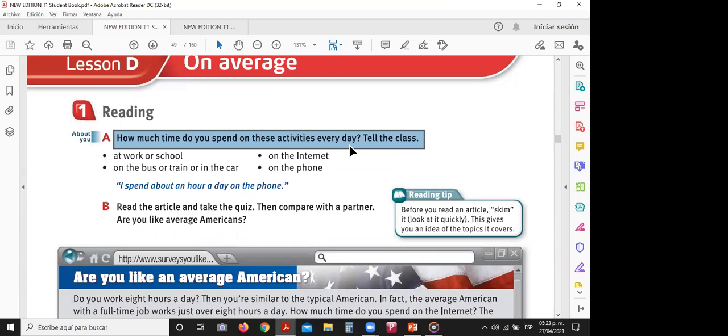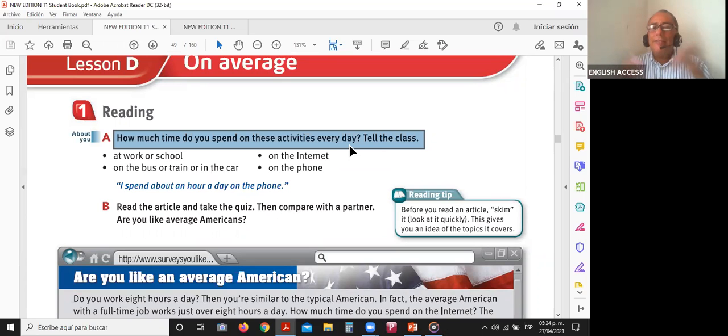How much time do you spend on these activities every day? Tell the class. Exactly. Imagine, this is the question. How much time do you spend at work or school?